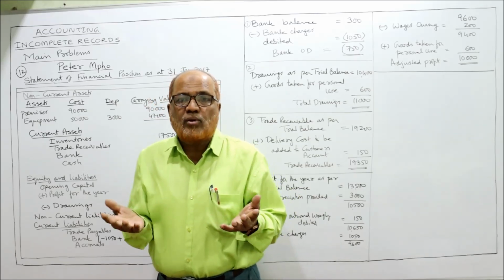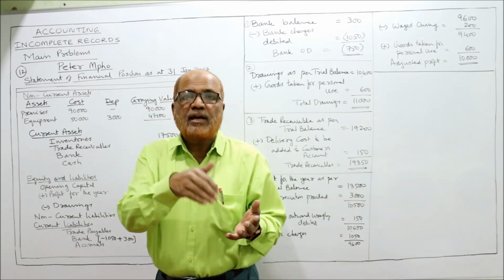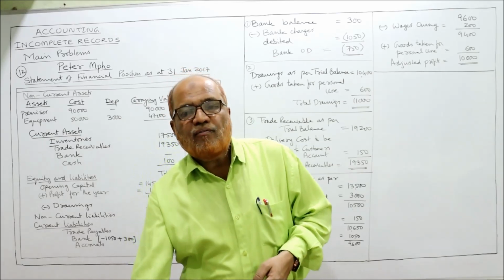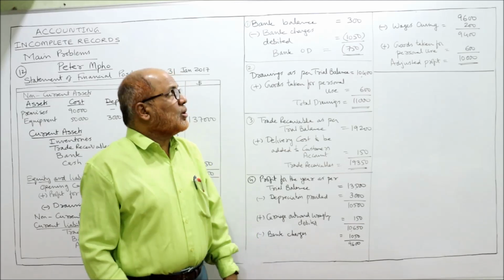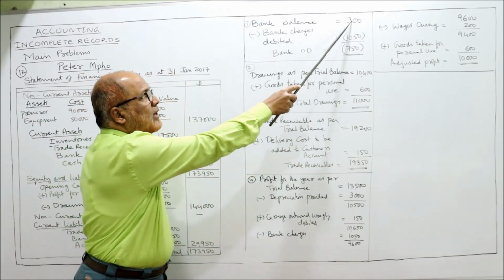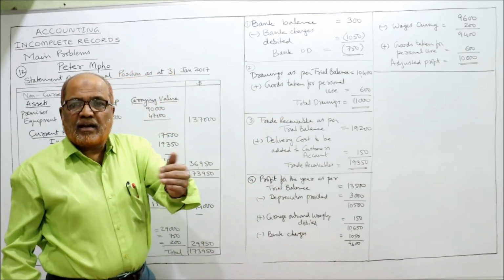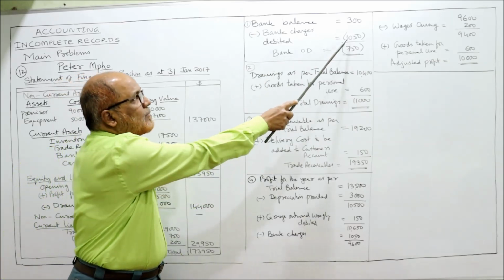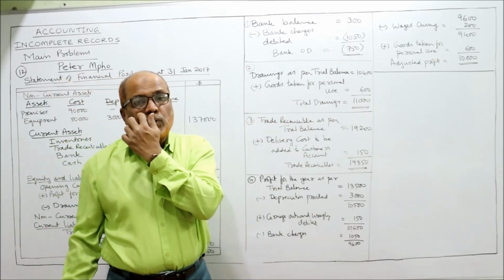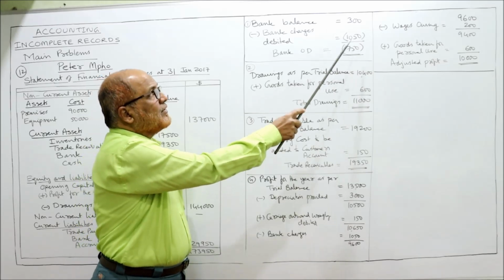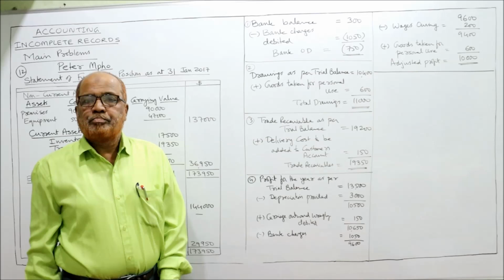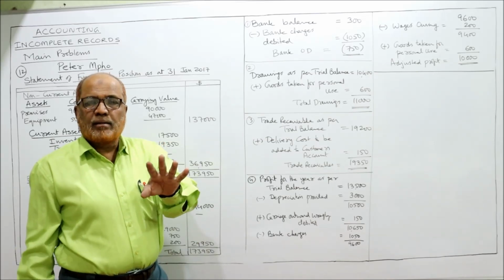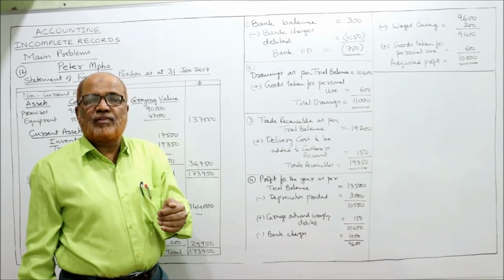So without considering these bank charges, the bank balance is showing $300. But bank charges we have not included. Now we include bank charges. So the banker will deduct bank charges from the account. Already the bank balance is only $300. The banker is deducting bank charges, how much? $1,050. So ultimately negative $750. 300 minus $1,050. $300 was there, but the banker has taken $1,050.